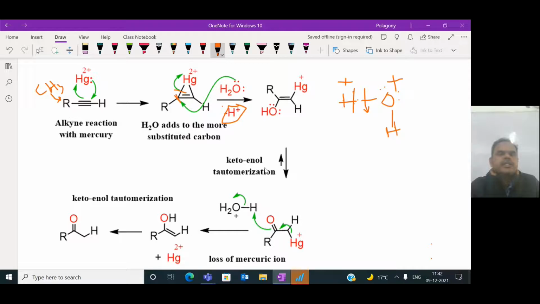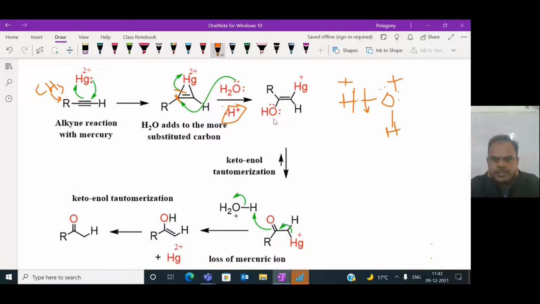So what does keto-enol tautomerism mean? In keto-enol tautomerism, the alcohol functional group changes into a ketone, and the ketone functional group changes into an alcohol. The OH functional group is said to be enol, and C=O is said to be ketone, right?